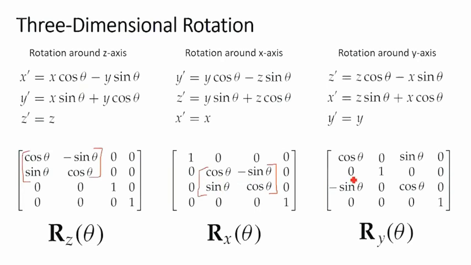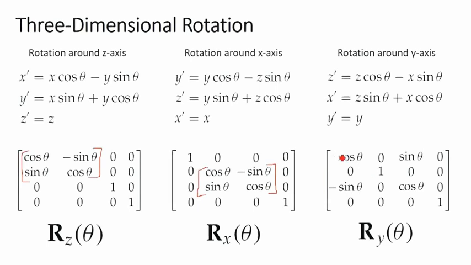However, over here the sine in the second row gets the minus symbol, not the first row. That is because in this equation the x component has a minus sine and that has to be stored as z dash. So we would be multiplying this with the z value. Once we multiply, we need x into minus sine theta plus z into cos theta.